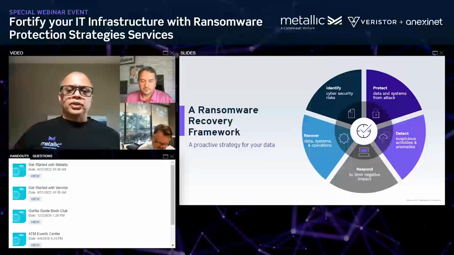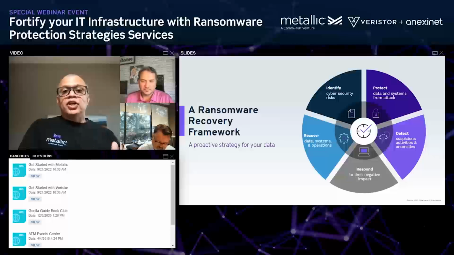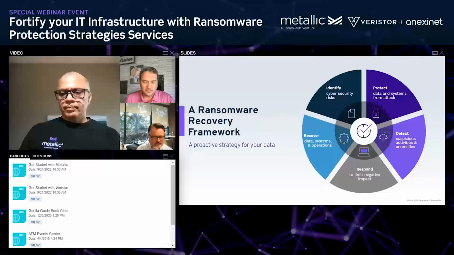So process documentation, ability to respond quickly, and recovering the right data, which means classification of the critical data to sustain the business, are all the critical ingredients that you have to have in an overall ransomware recovery framework. Yeah, I would agree.